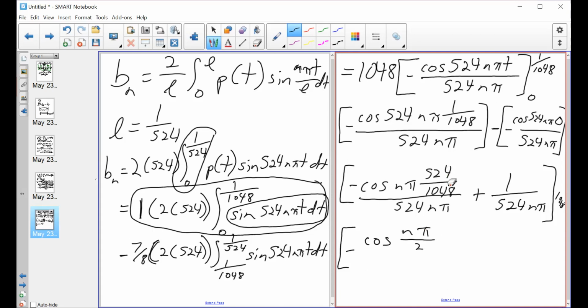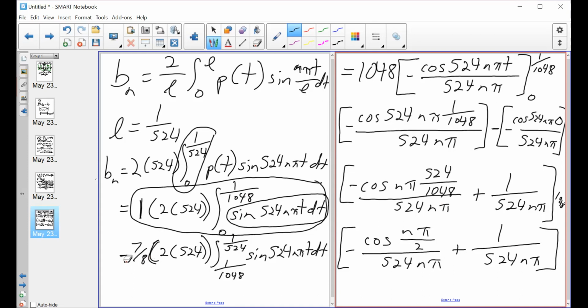Why is that? 524, this is 1/2 n pi over 2, divided by 524 n pi, plus 1 over 524 n pi. So you can see we can distribute that around. I'm going to leave that there for now. That's my first circle. This is basically the result of this first part of the integral.